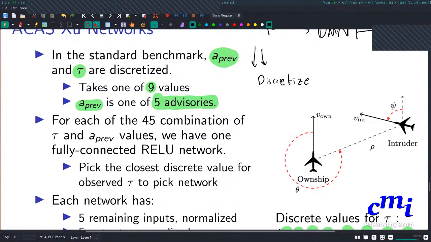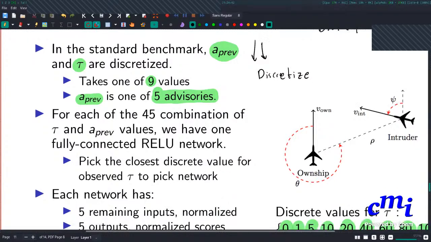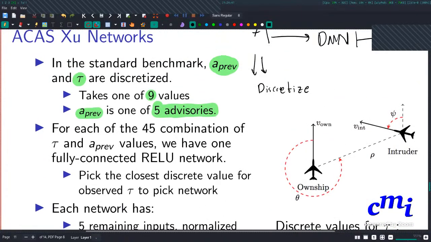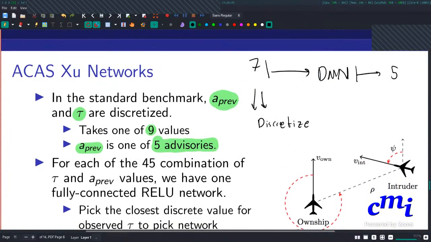So each one of these DNNs essentially specializes in the particular set of scenarios where, say, tau is 0 or tau is 10, and learns how to give turning instructions for only those scenarios. Then, before you actually query the DNN, you make sure that you're using the value of tau and aprev that you're seeing to choose the right DNN to query. So this is the discretization step that happens, right? So is this discretization concept here clear to everyone?